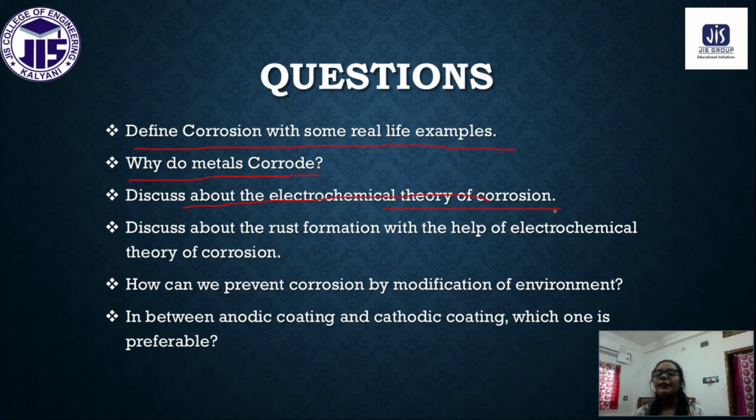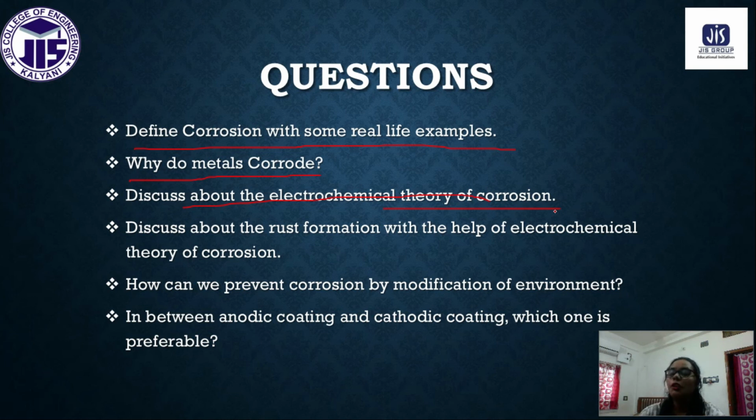Now what will happen under anodic conditions? The metal first releases some electrons and forms the metal positive ion, right? After that, the released electrons are abstracted by the cathodic area, where some reduction reactions take place, and after that reduction reaction we have hydroxyl ions.